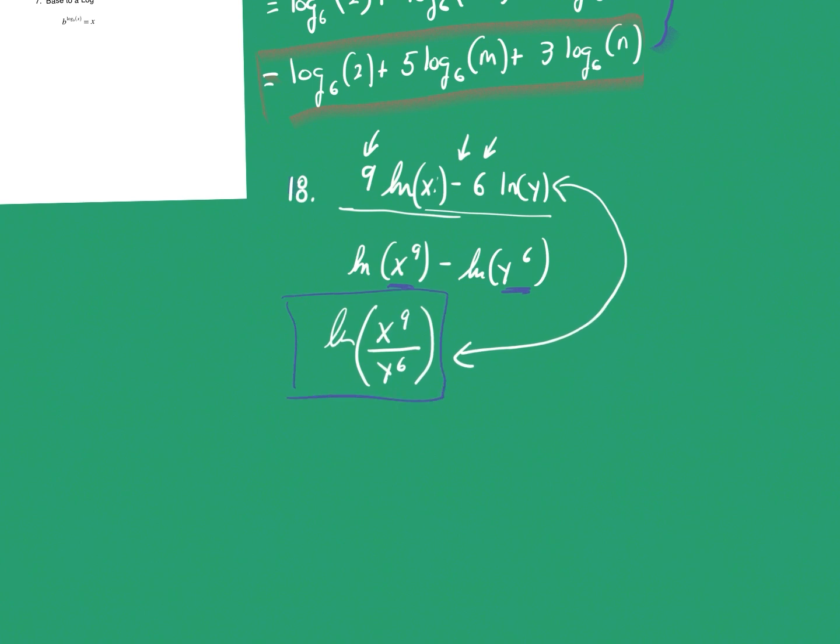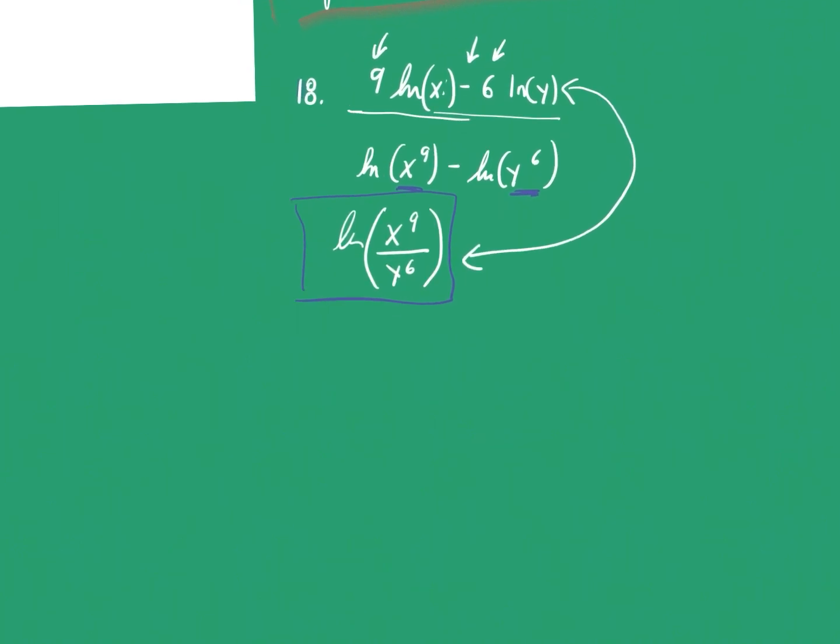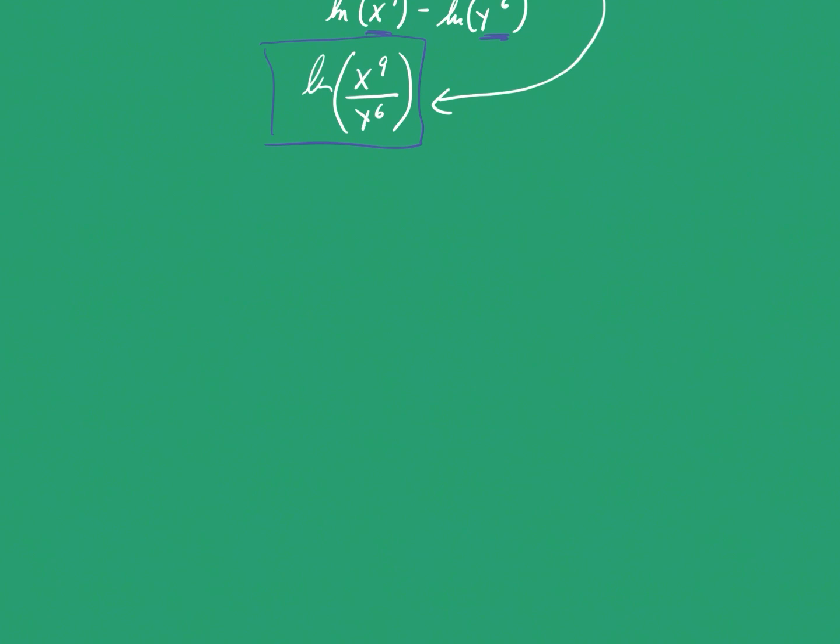Okay, let's jump down and work number 22. That looks like a good one to work. So number 22, we have 8 log base 3 of 2 plus 5 log base 3 of c.